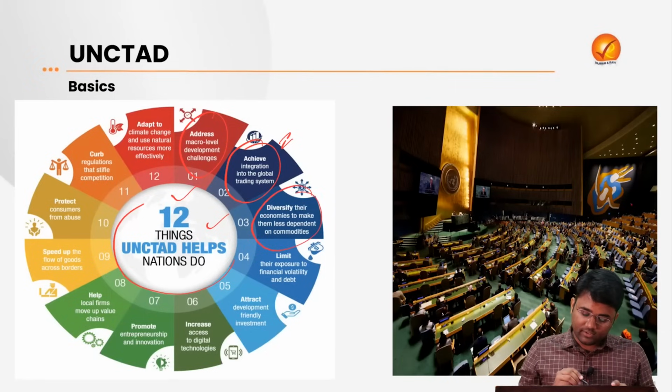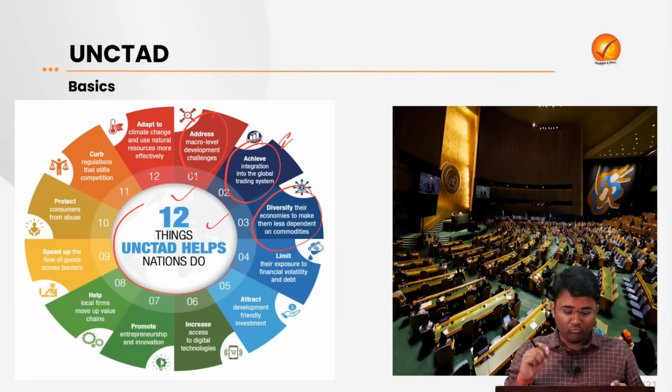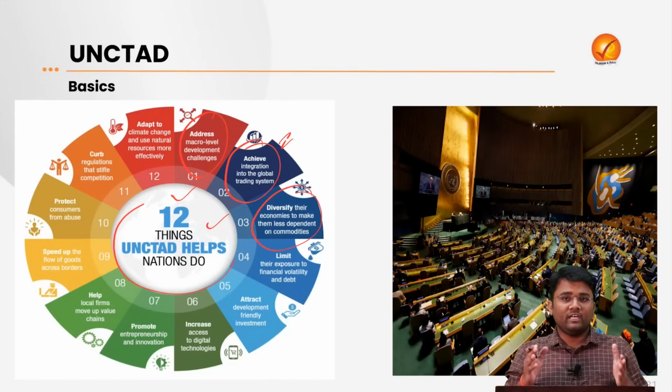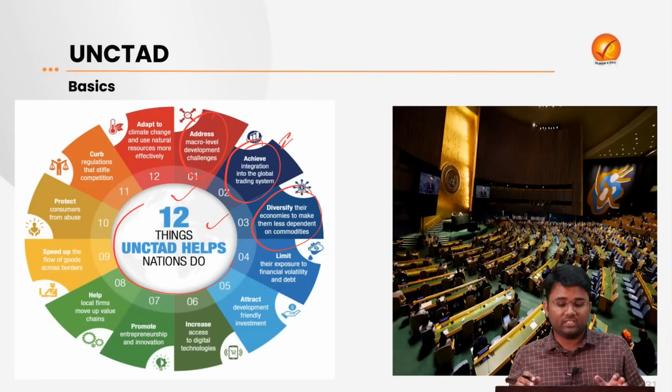Then it also helps in diversifying their economies to make them less dependent on a few commodities. It means it helps ensure that these least developed countries, which are focusing on only a few commodities, diversify their economies and their commodities market.